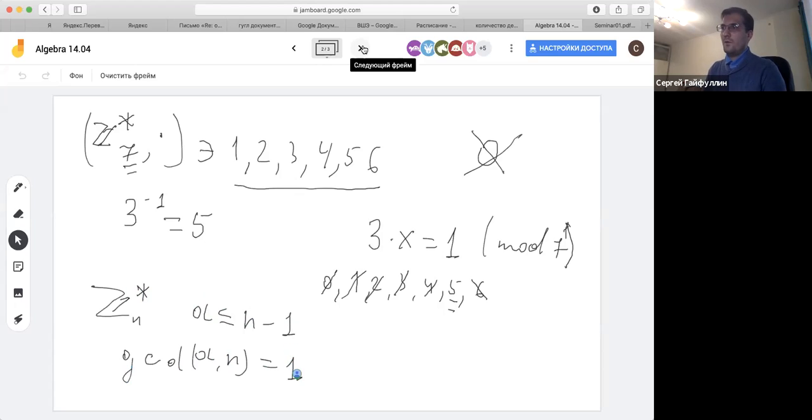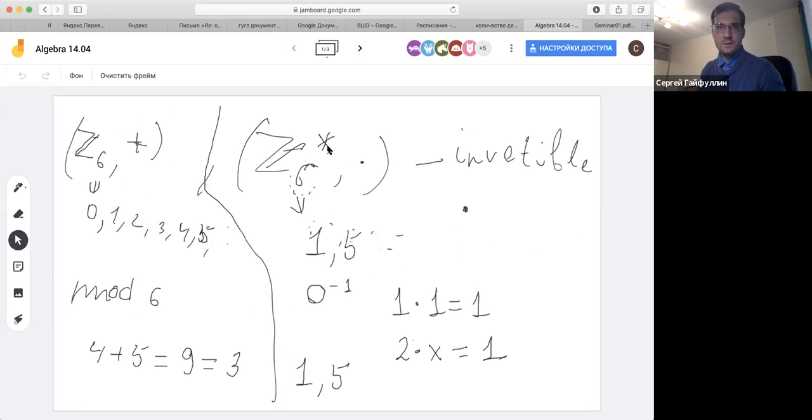So here all elements except 0, and in the case of 6, there are just two elements which are coprime with 6.